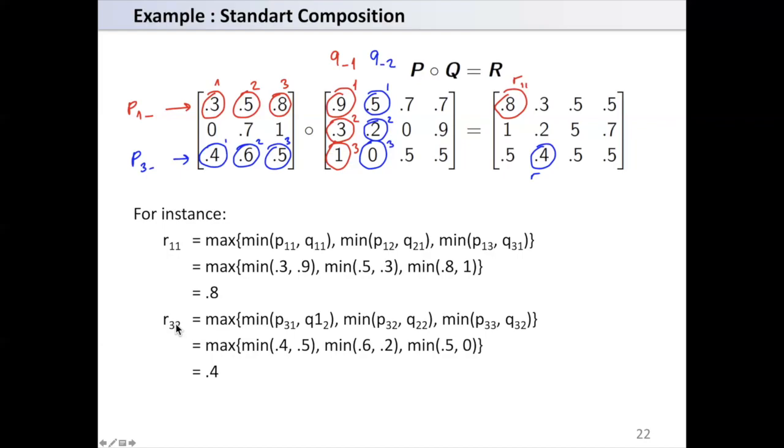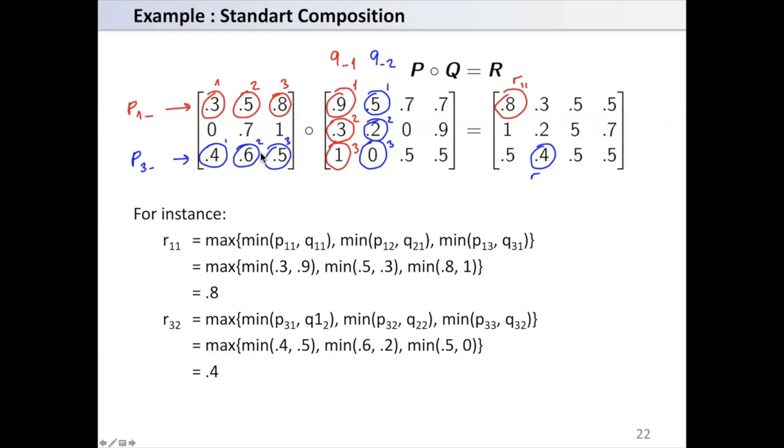R32, here we are setting I to 3, and we are changing K, and we are setting this J to 2. And again, we are considering the minimum of each pair while we are changing K, and among those, we are taking the maximum.